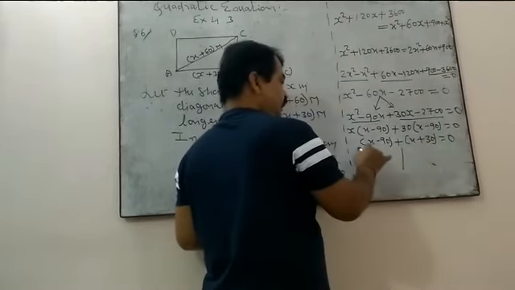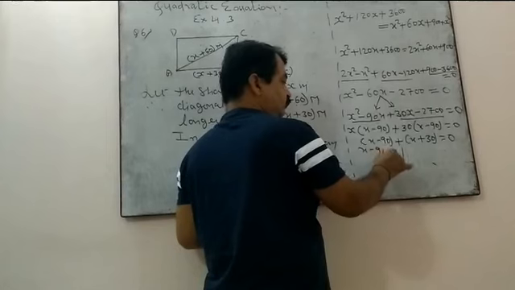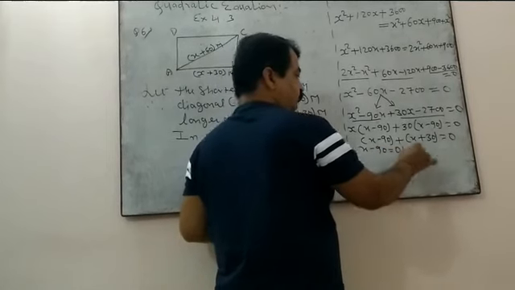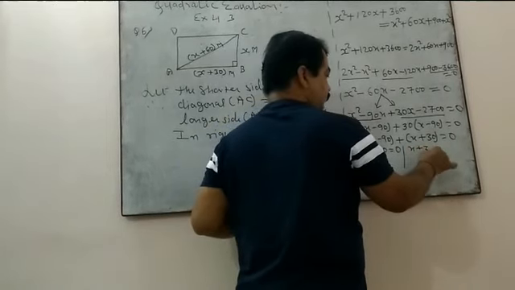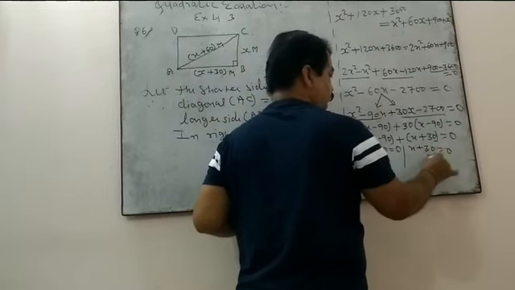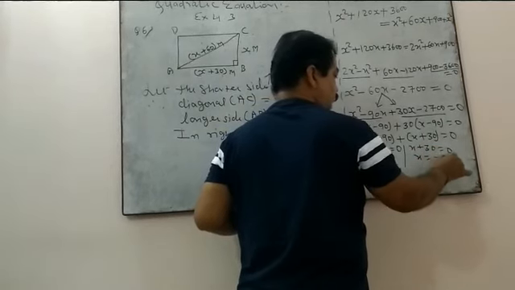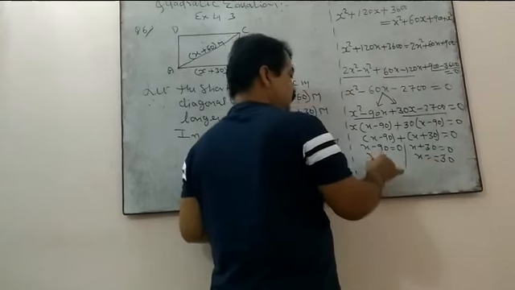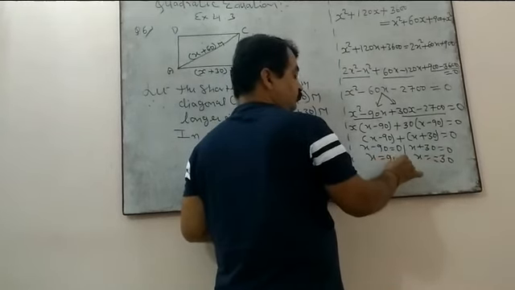We got the 2 factors, each factor you set equal to 0. So x minus 90 equal to 0 and x plus 30 equal to 0. Therefore x equal to 90 and x equal to minus 30.